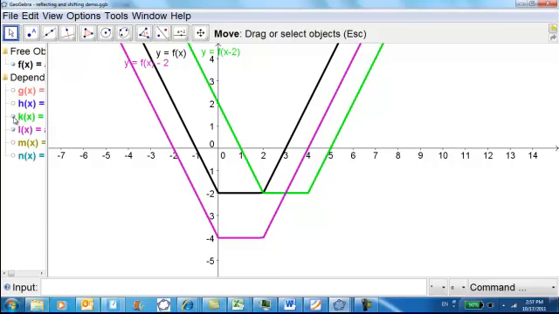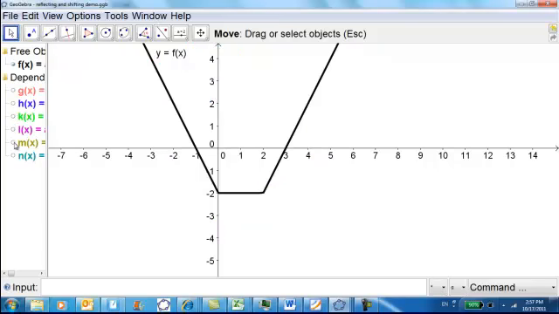Let's put those two away and see what some of our little absolute value tricks do here. There's y equals the absolute value of x. When you take the absolute value of the whole function, you're just going to flip the stuff that was below the axis and put it above the axis. And then when you take the absolute value inside the function, you're going to leave the stuff to the right of the axis alone because the absolute value of x is basically no effect if x is positive.